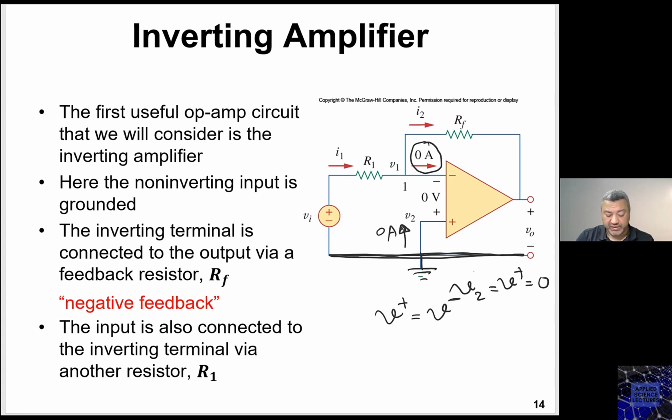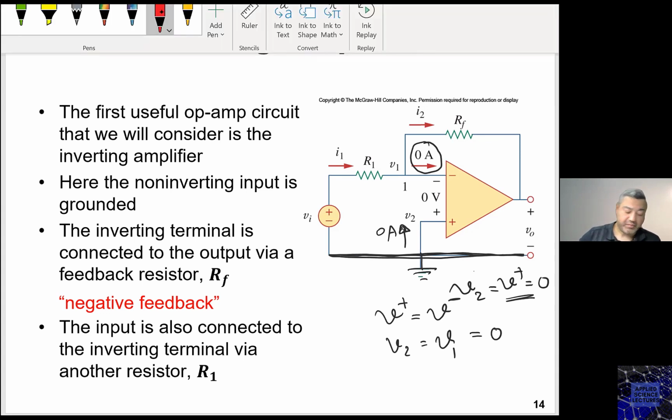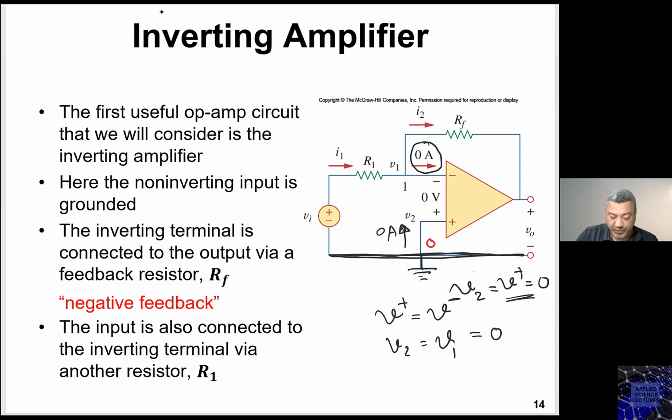So here, V plus is V1. Sorry, V plus is V2. V minus is V1. And I know that V plus is 0. So all of them are 0. So look what happened here. 0 volt here became 0 volt here.